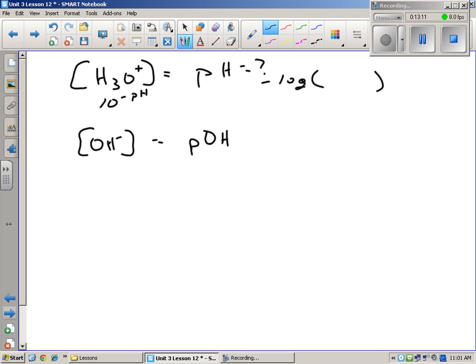But when they give you this, and they ask you for the pH, those don't match up, right? So what you have to remember is at some point, depending on what they give you, you will have to use the fact that pH and pOH added together gives you 14. You might have to do it as the first step, or you might have to do it at the end, depending on which way you're going.